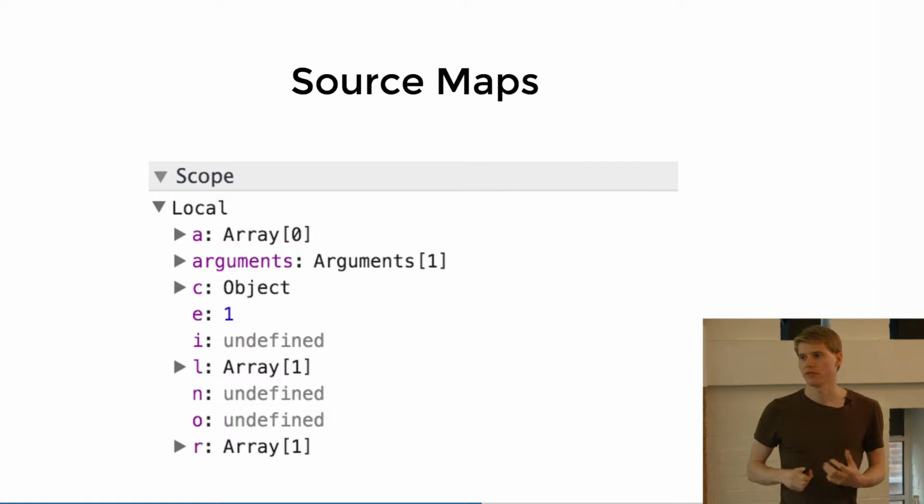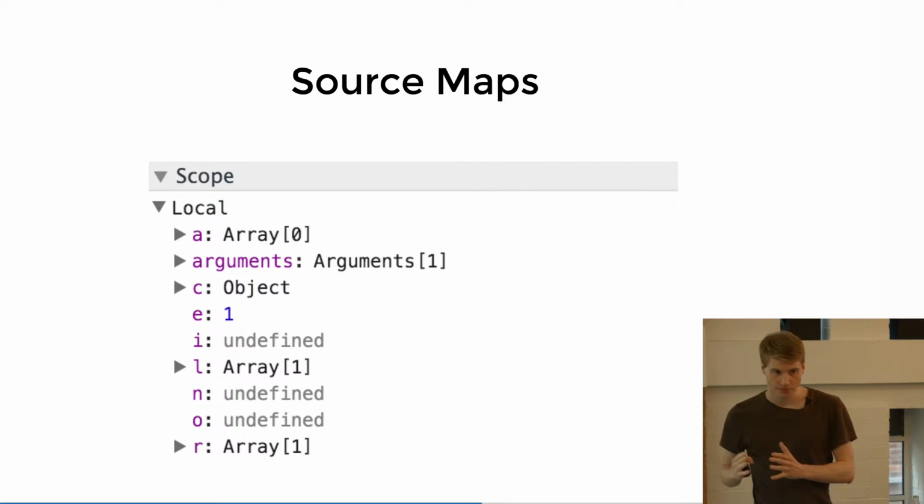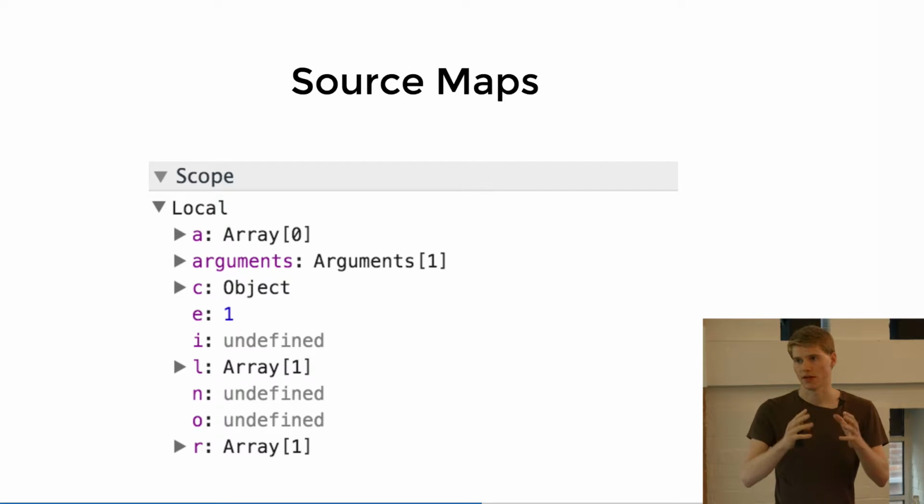Another issue is that Chrome doesn't actually map the compiled variable names back to the original variable names. In this case, you can see all the minified variables. If you use something like Babel, you've probably run into it: you try to access a value in the console or hover over a value, but Chrome doesn't recognize it anymore.